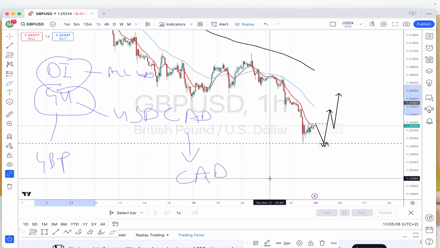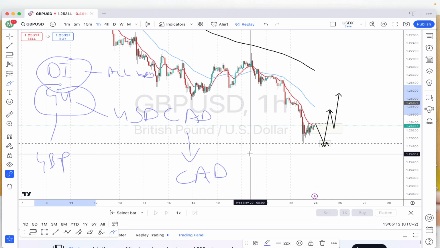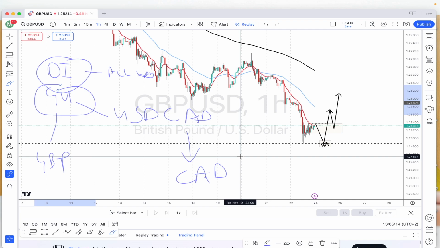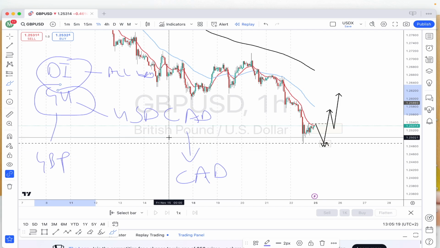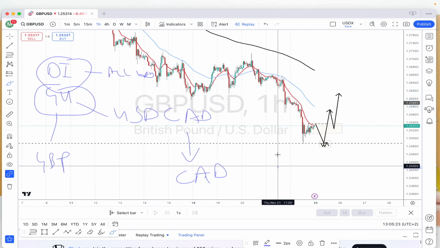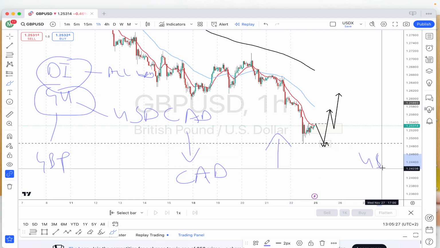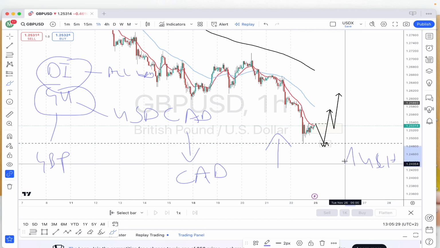Now you can go individually to those pairs and start to look at them to see what they are going to do, but already you know the expectation. All right. So for those who are not aware, when the dollar index is buying, USD CHF will be buying as well.